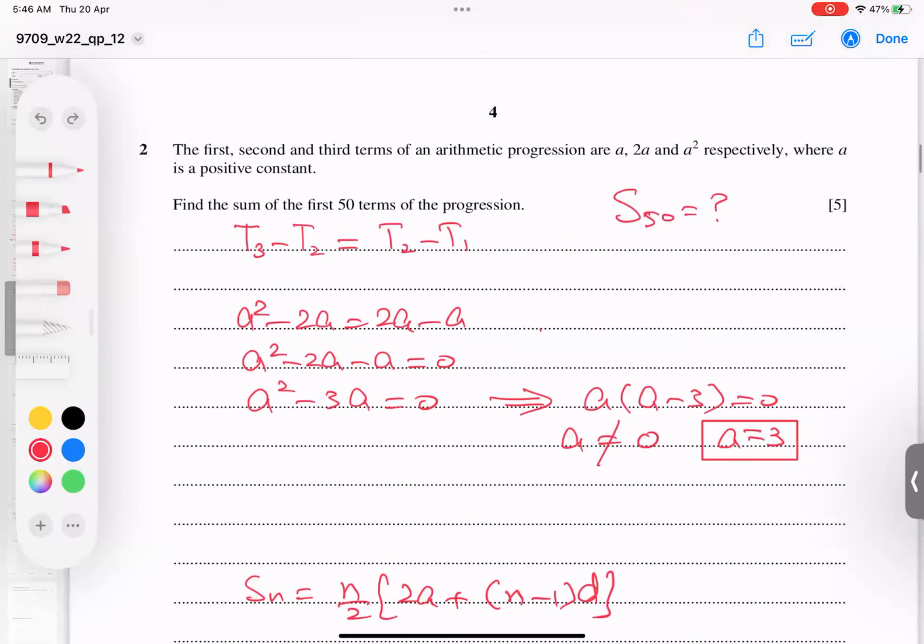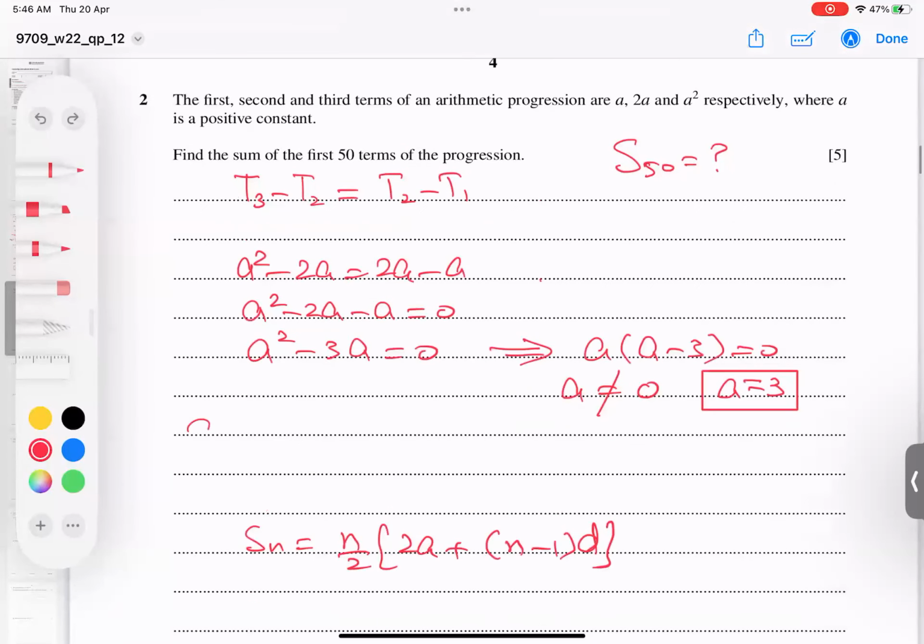What is d? d is the common difference. We can get it by a simple technique, second term minus first term or third term minus second term. It is our wish. I will use this one. T2 minus T1. So I get 2a minus a. So short story, I got that the common difference is also a. It means the common difference also becomes 3.